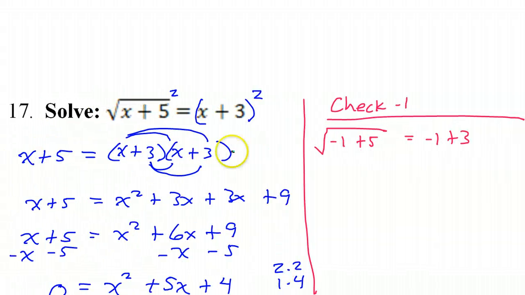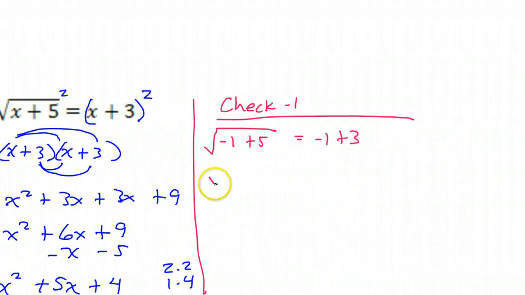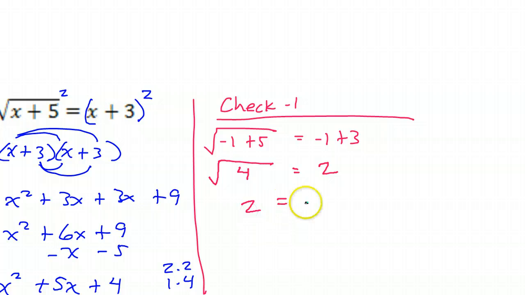Again, the reason we know we have to check this is because there's a radical in the beginning, which sometimes causes problems. So that's just going to be the square root of 4. Alright, and negative 1 plus 3 is 2, and the square root of 4 is 2. So it's 2 equals 2. So that checks out. That's great.